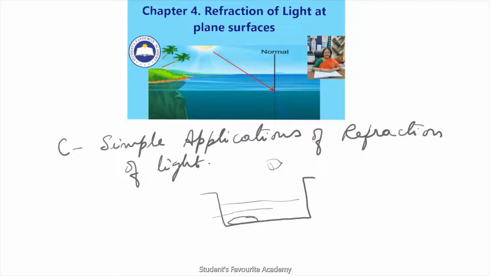But the moment you pour water, you will feel that the coin is raised. Okay, so all these examples can be explained with the help of this principle of refraction of light. So let us start in detail first.